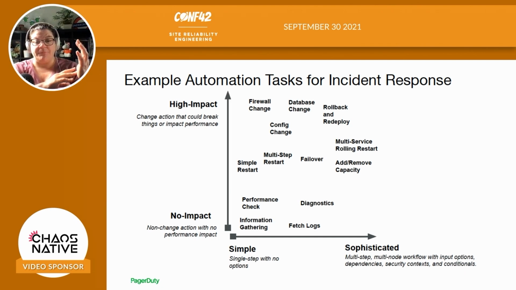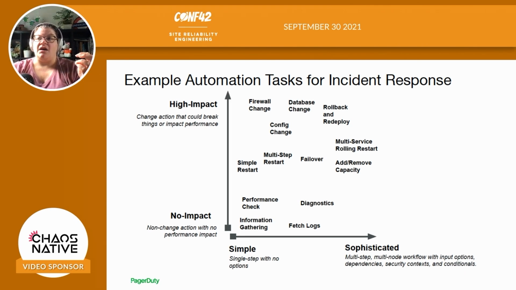Then the tasks with higher impact are things like restarting services, maybe a single service or a group of services, or performing a failover or whatever. And then the highest impact tasks can change key pieces of your infrastructure, changing your firewalls, rolling back or redeploying software, and those kinds of things.